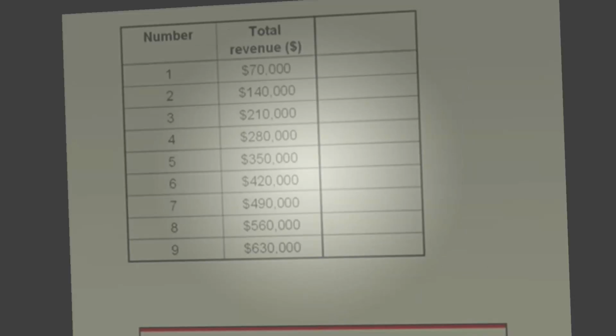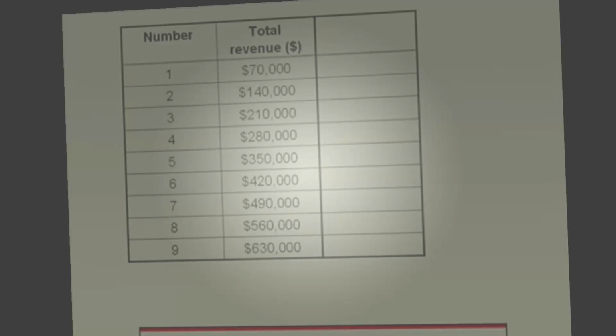We know the total revenue. It's $70,000 a machine. So if it's 1, the revenue is 70. 2, at 70,000 each, 140. 3, 70,000 each, 210. 4, 70,000 each, 280, and so on. So the marginal revenue in this case doesn't change.